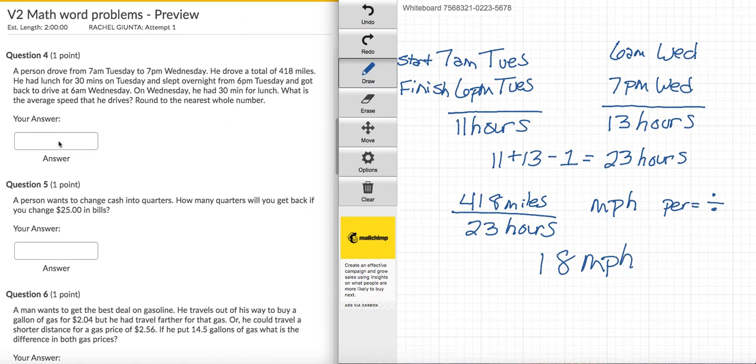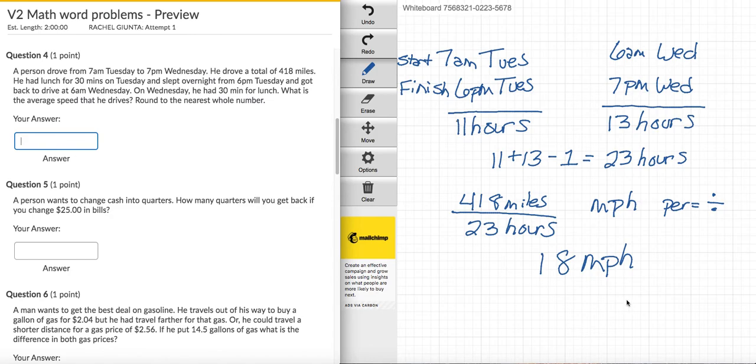And we're going to just enter the number and not the unit, if you're doing it in the Brightspace class. I don't know exactly what it's going to ask you to do in the HESI class. From what I remember, in the HESI test when I took it, anything that was fill in the blank, you just had to enter a number, and I would imagine that's going to be the case.